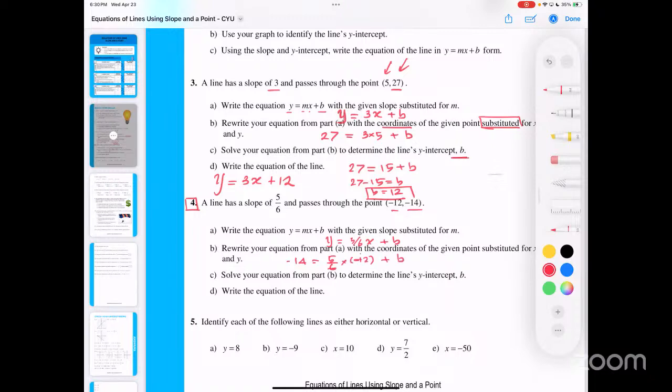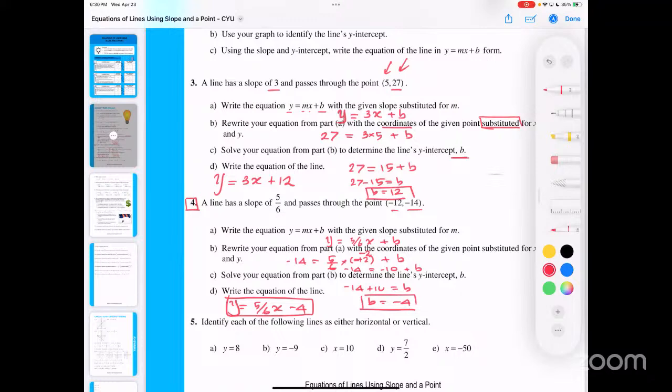If you simplify, minus 14 is equal to negative 10 plus b. Then we need to solve for b. Minus 14 plus 10 is equal to b. b is equal to negative 4. So y is equal to 5/6 of x minus 4. Pretty straightforward. There's nothing fancy.